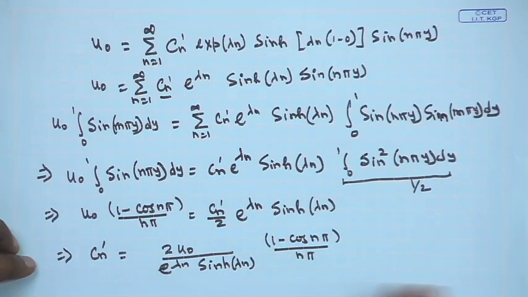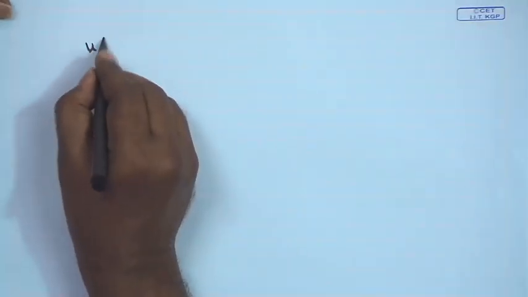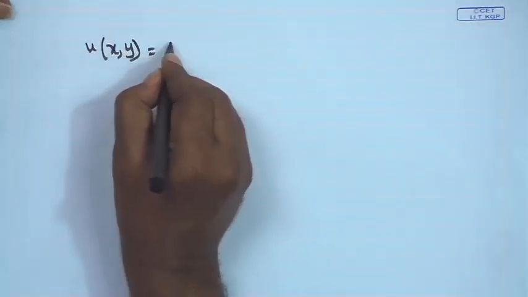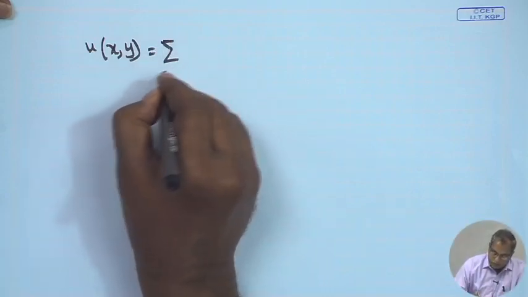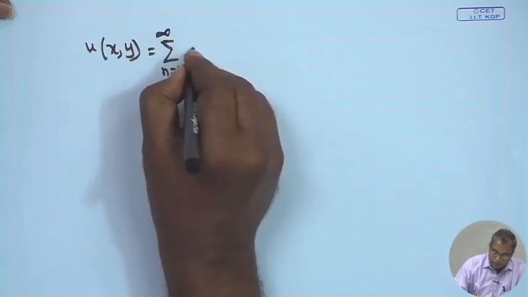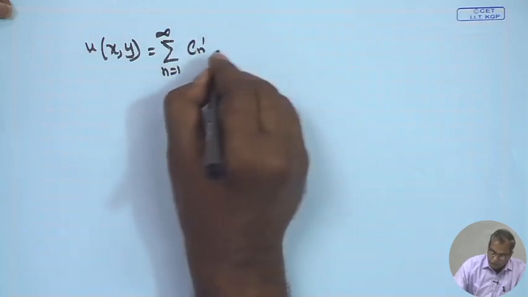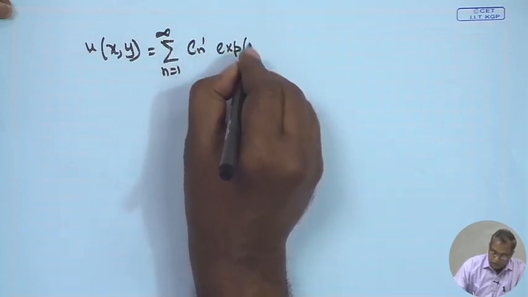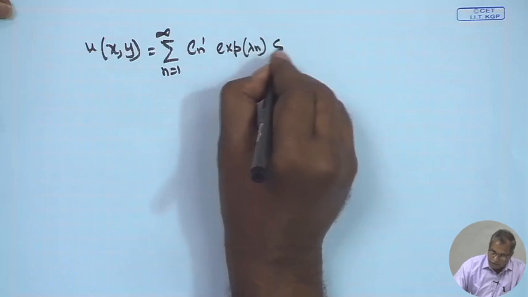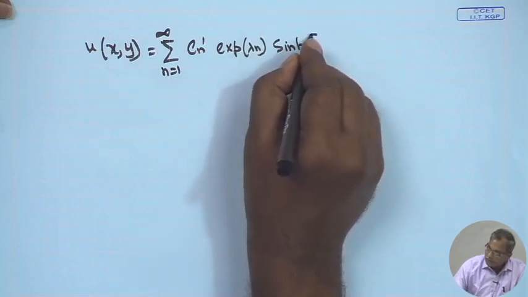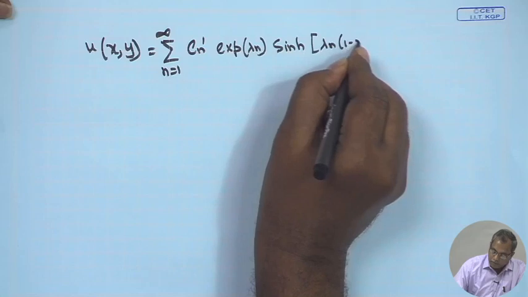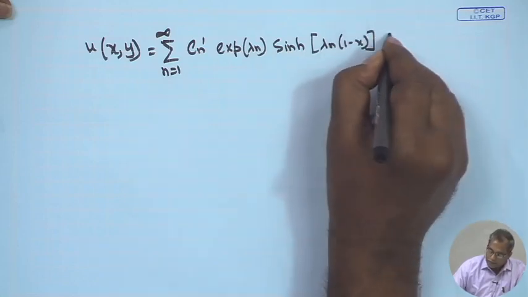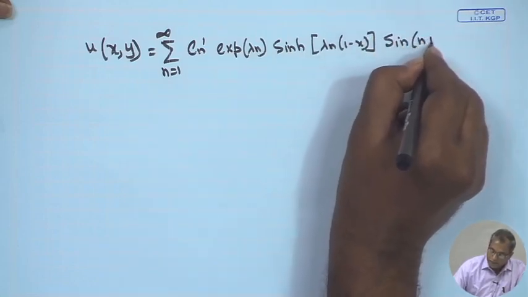Now, we will be substituting C n prime into the complete solution and see what we get. If you look at the solution in terms of C n prime, it was the summation n equal to 1 to infinity C n prime exponential lambda n sine hyperbolic lambda n (1 minus x) sine n pi y.